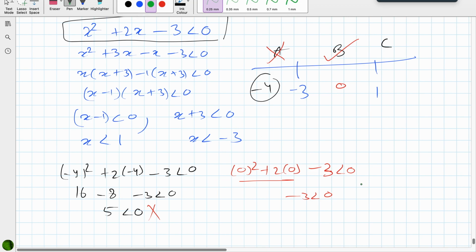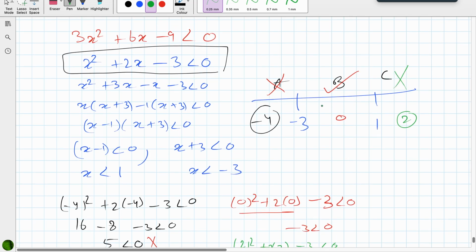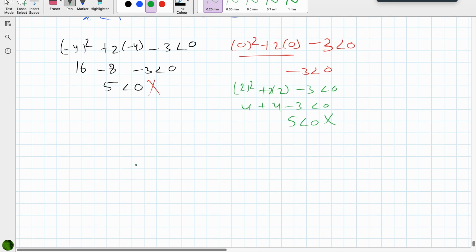Checking region C, I am using the value 2. 2 squared is 4, plus 4 minus 3 is 5, which is not less than 0. So the only values where this is less than 0 are minus 3 to 1. So minus 3 is less than x is less than 1. For this interval, the function is decreasing.